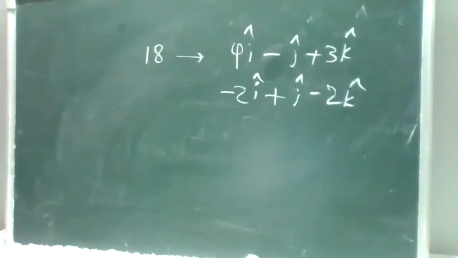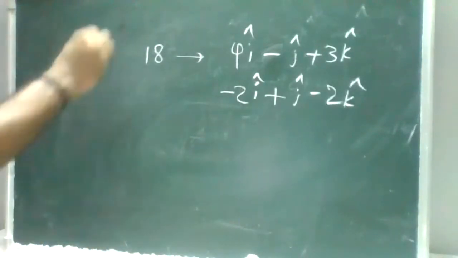Minus I cap plus 2j cap plus 2k cap by 18. Minus I cap plus 2j cap minus. No. கிடையாது. Okay, so do one thing.